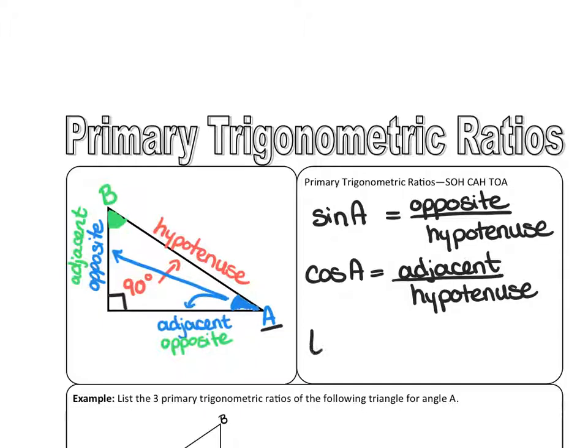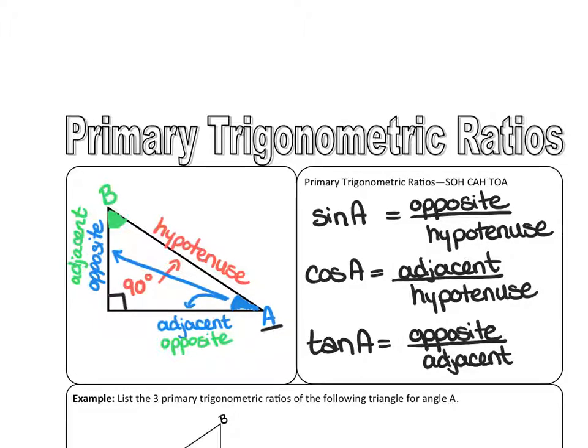And the last one is tangent, or tan, of the angle A, which is equal to the length of the opposite divided by the length of the adjacent.